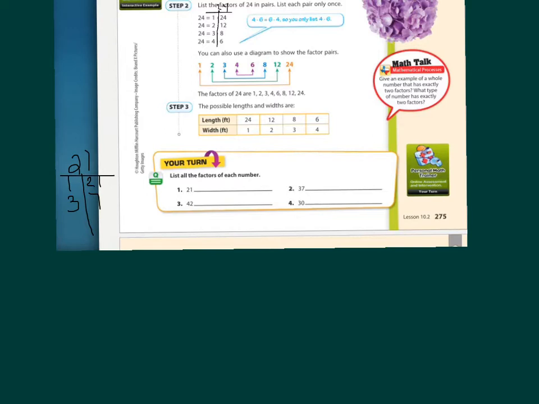So it's 1, 3, 7, and 21. This picture that they have up here is the rainbow method, and a lot of you will see the rainbow method look more like a rainbow. 1 times 21 and 3 times 7. Okay, that's what they did here. They even put in pretty colors.